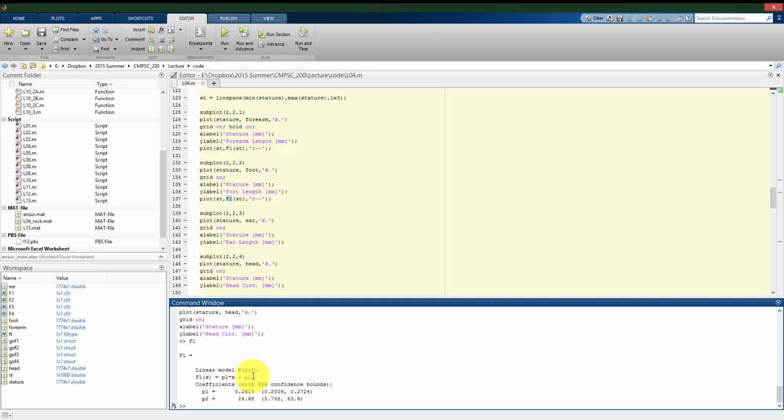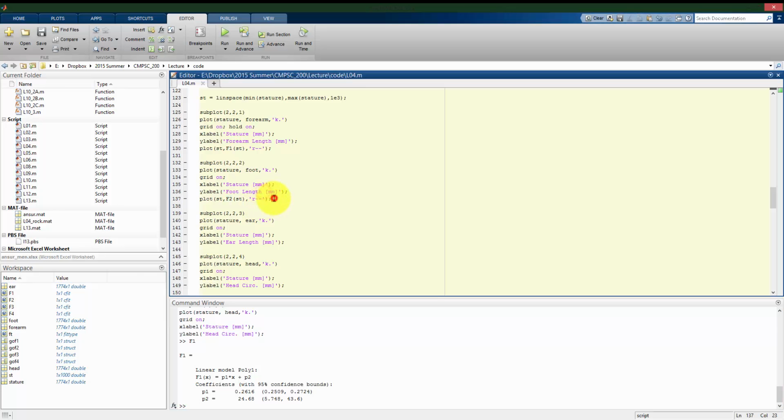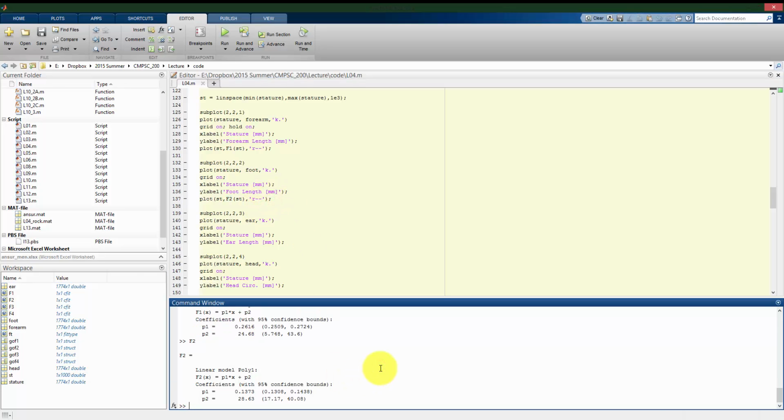So according to the model that we made, for forearm length, we're going to take 0.2616 times their height in millimeters plus 24.68, and that will give us our estimate as to the length of their forearm plus hand. And then for f2, we're going to take 0.1373 times their height in millimeters plus 28.63, and that's our estimate as to their foot length, also in millimeters.